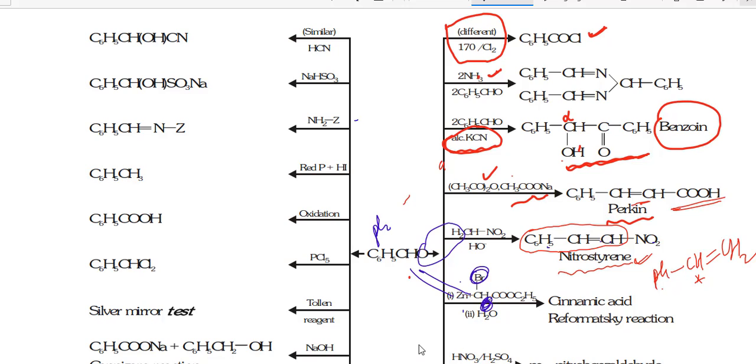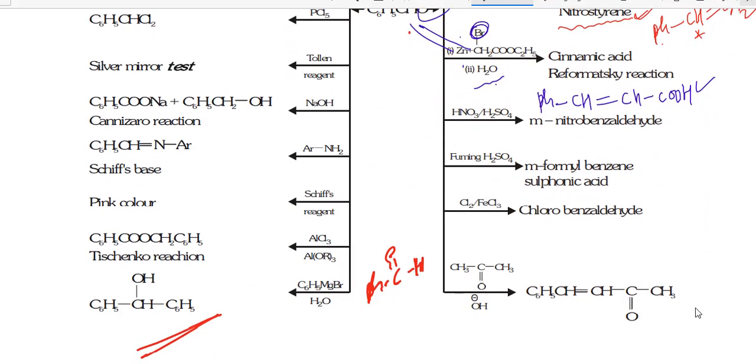So the cinnamic acid formula is benzene ring CH double bond, that was benzaldehyde, the oxygen is removed, from this alpha position hydrogen, CHCOOH. This is cinnamic acid. Actually here an ester will come, but in the second step we are doing hydrolysis. That's why we are getting carboxylic acid.